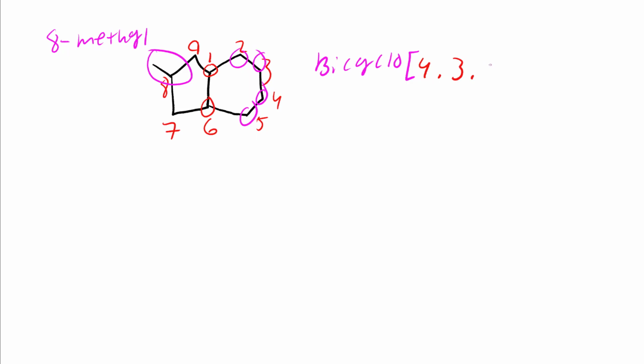How many are on the bridge right here? None. It's just a bridge. No carbons are stuck in that bridge. So we say 0. 4, 3, 0, bracket bicyclo nonane.